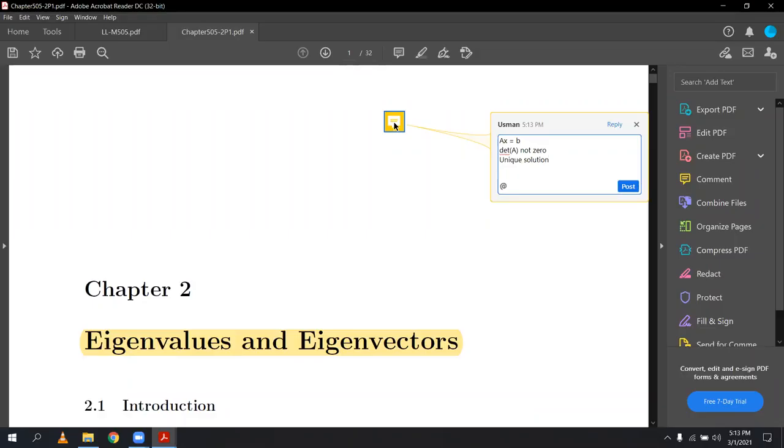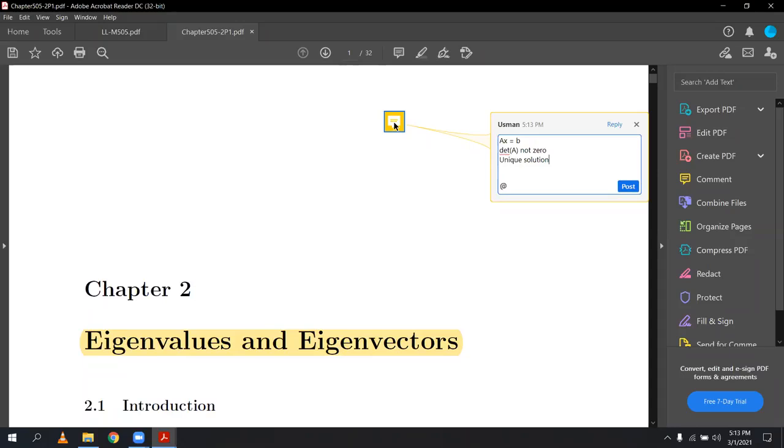But if your determinant is 0, we will never have a unique solution. We have infinitely many solutions or no solution.